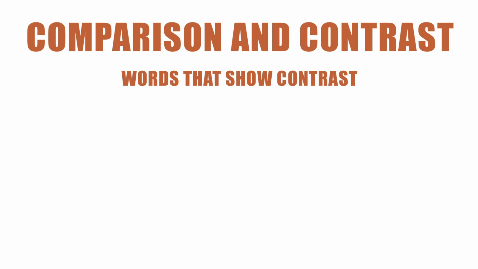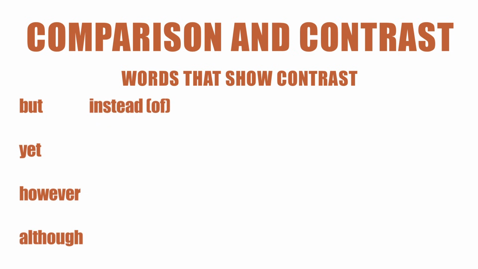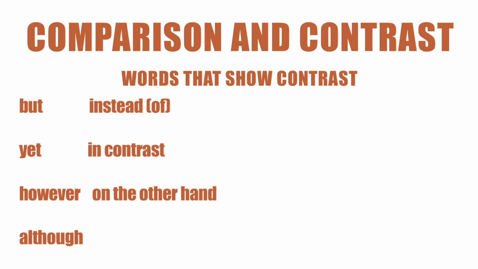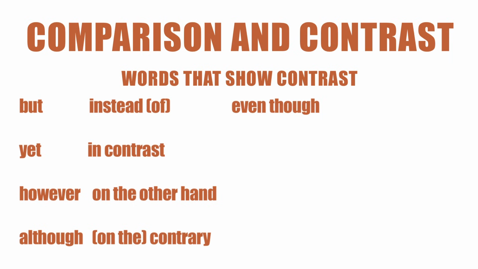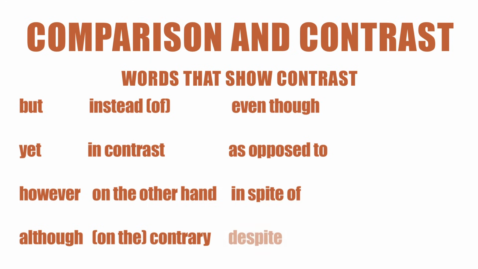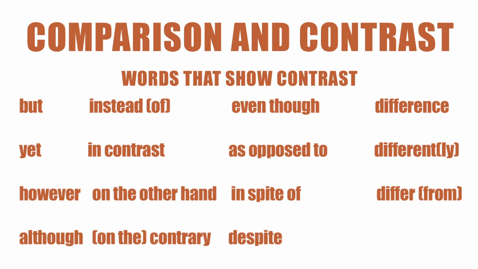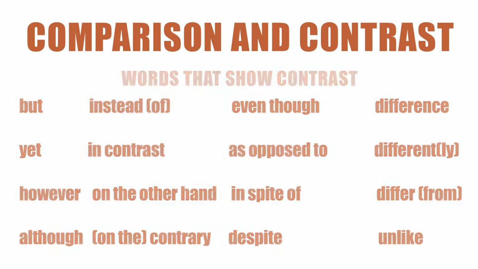Here are some common words that show contrast: but, yet, however, although, instead or instead of, in contrast, on the other hand, contrary or on the contrary, even though, as opposed to, in spite of, despite, difference, different or differently, differ or differ from, unlike.